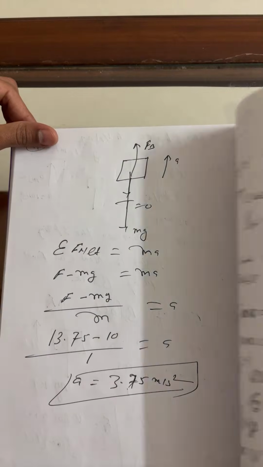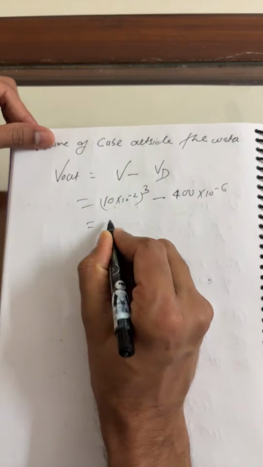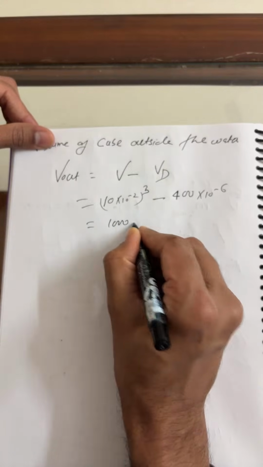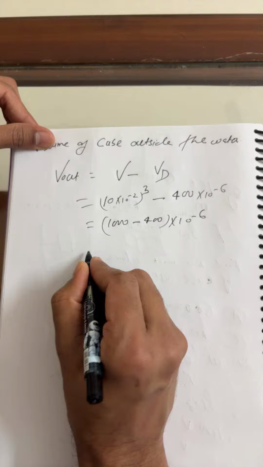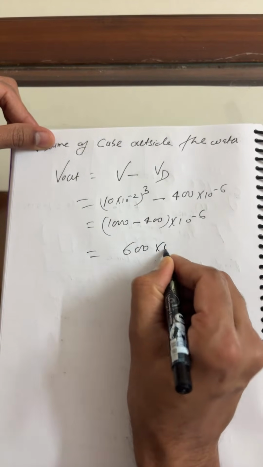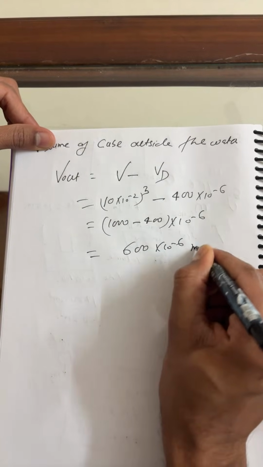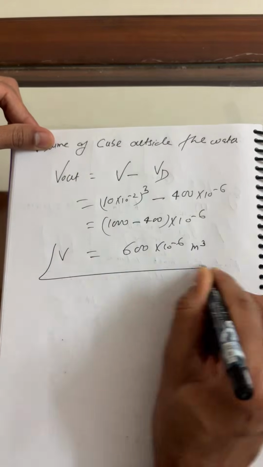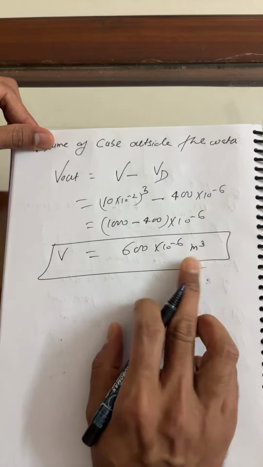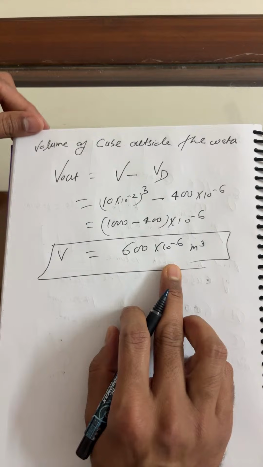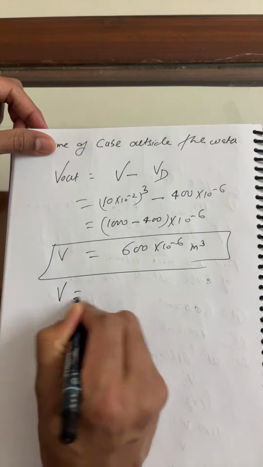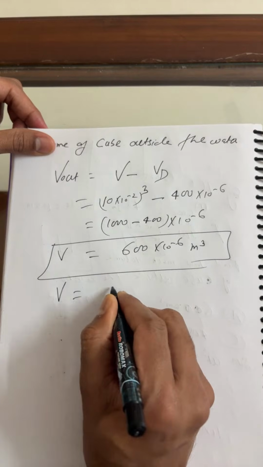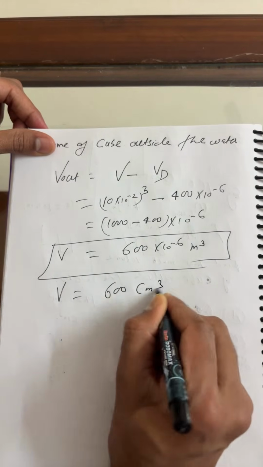So this is 1000 minus 400, times 10 to the power minus 6. So 600 into 10 to the power minus 6 meter cube. This answer is also correct in meter cube. So the volume outside is 600 centimeter cube.